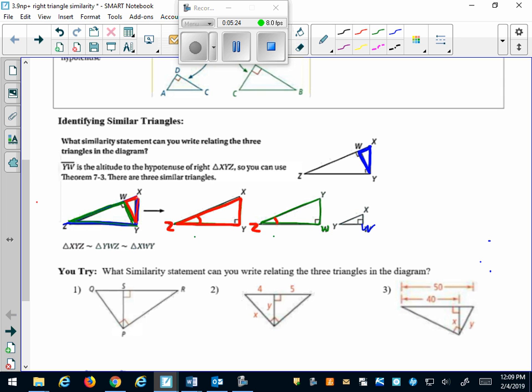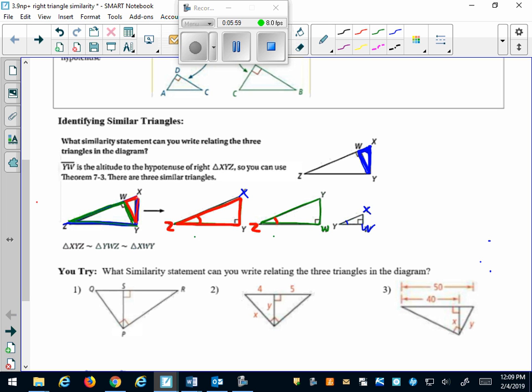By reflexive property, this smallest blue triangle shares what angle with the original biggest triangle? X, right? They both have X as one of their angles. So see how we put the X up here for the original? Then we know the X goes up there for the smallest. And then the remaining angle is Y. So by reconstructing the triangles, small, medium, large, you can position them in the same direction and see what corresponds with what.